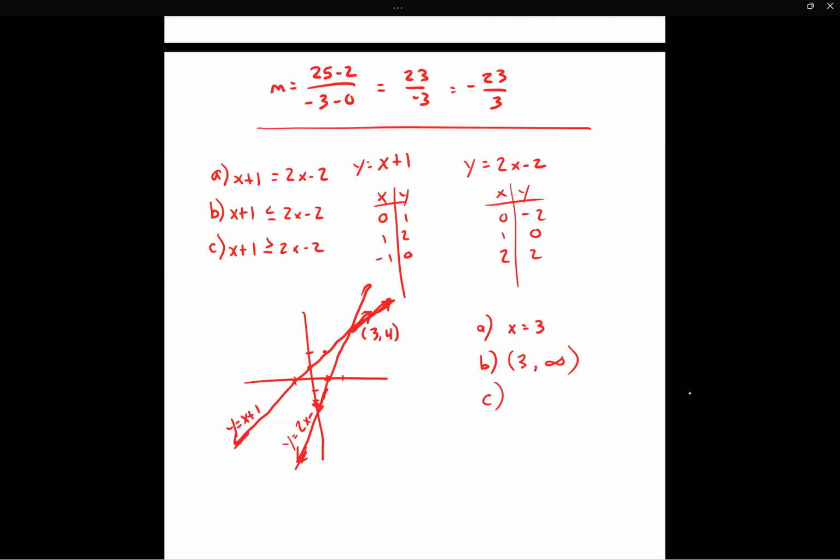And then lastly, where is x plus 1 greater than? Well, that's this whole stretch here. So we're starting at negative infinity and going to 3, and again, it's not included.